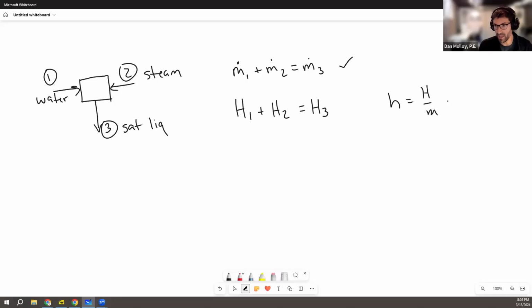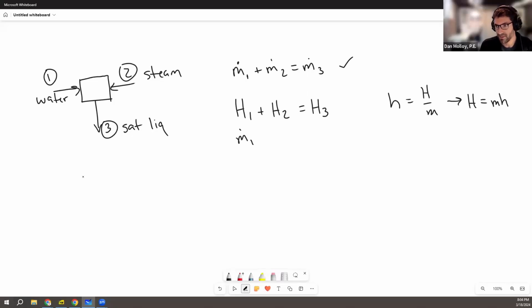Or to rearrange that, we want to get big H by itself. It's mass times the specific enthalpy, little h. So if we make that substitution for each part, we can say m dot 1, and I'm going to take the liberty of going from just mass to a mass flow rate.